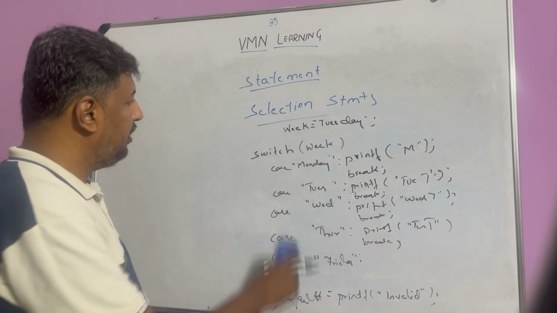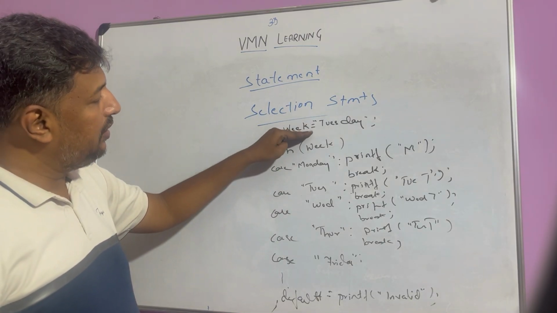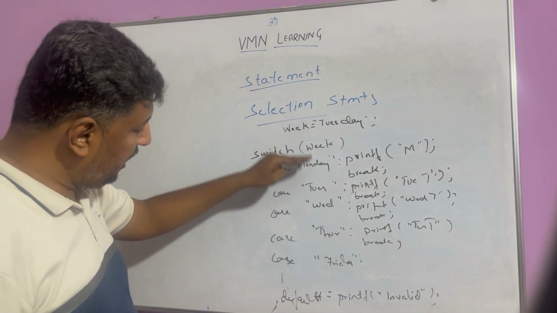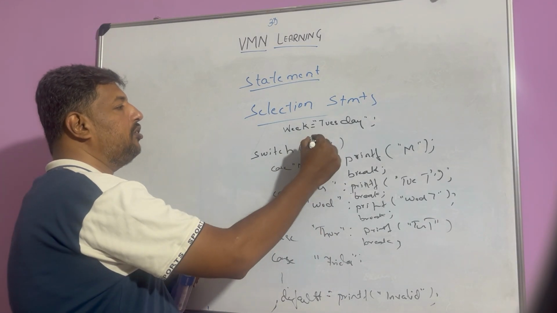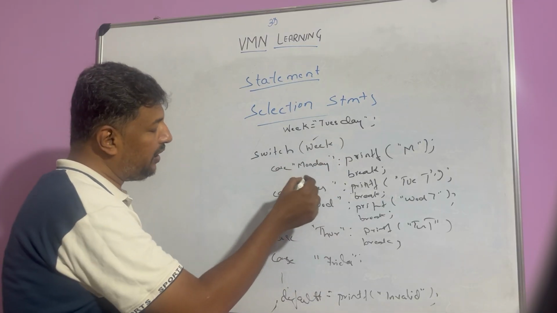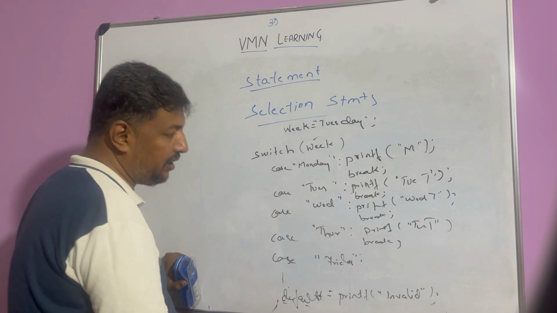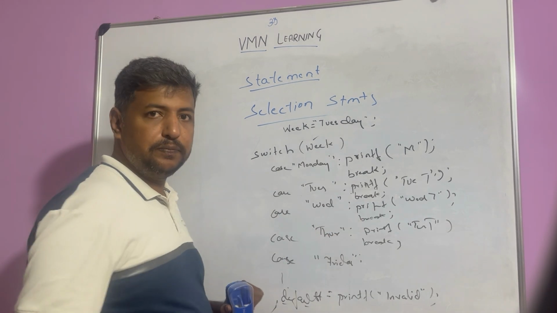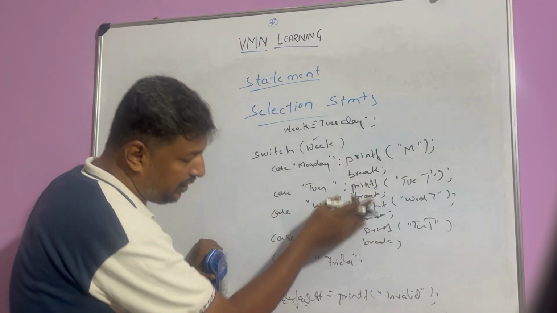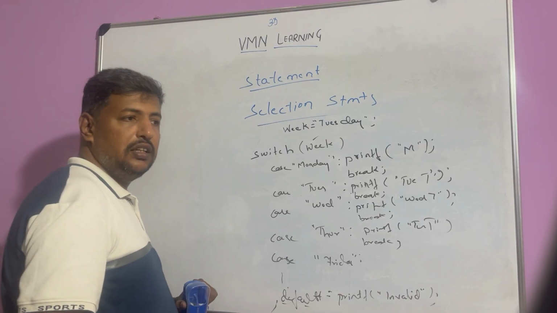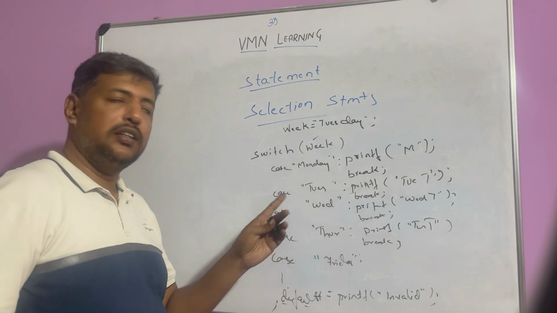For week, it will take whatever your choice is, and depending on that, the case will be executed. Case, switch, and default are keywords, and break is also a keyword. If break is not there, then it will keep on executing. Understood?